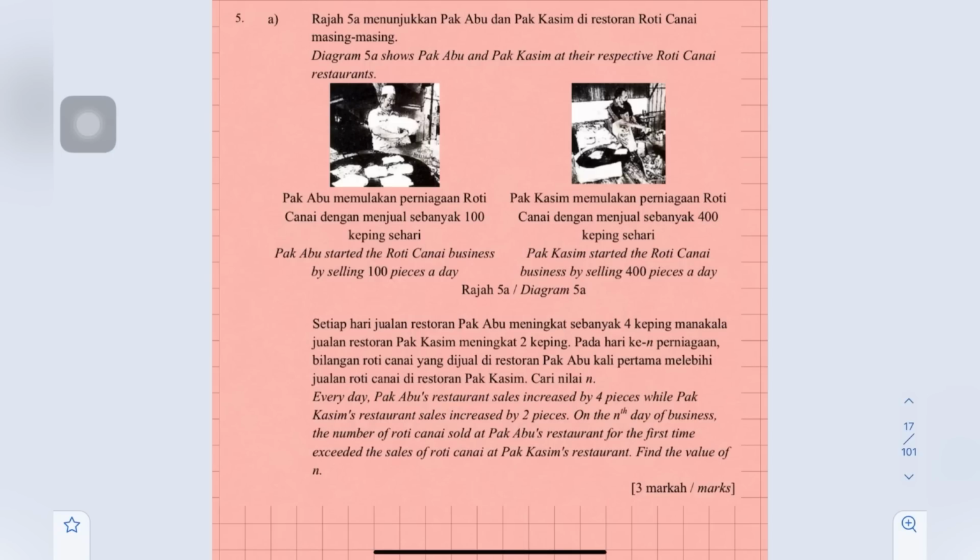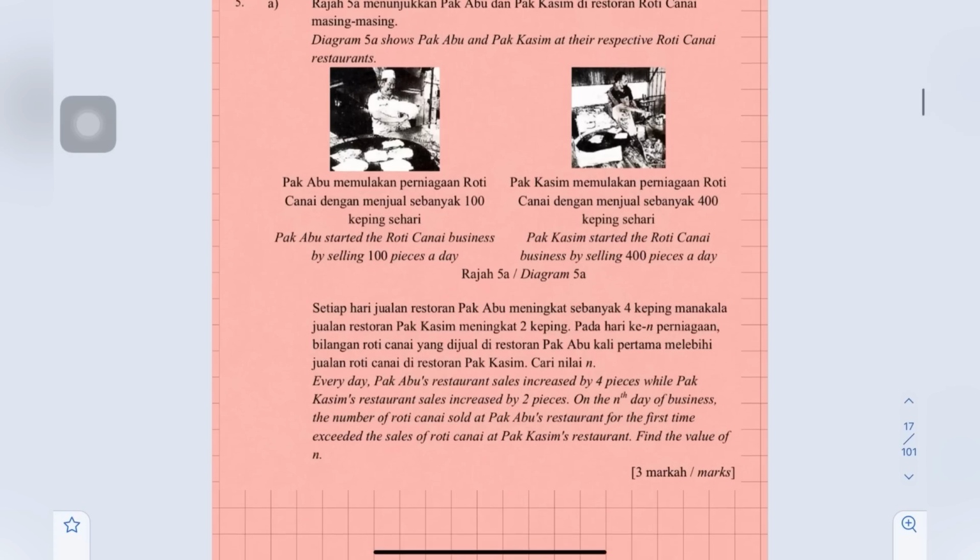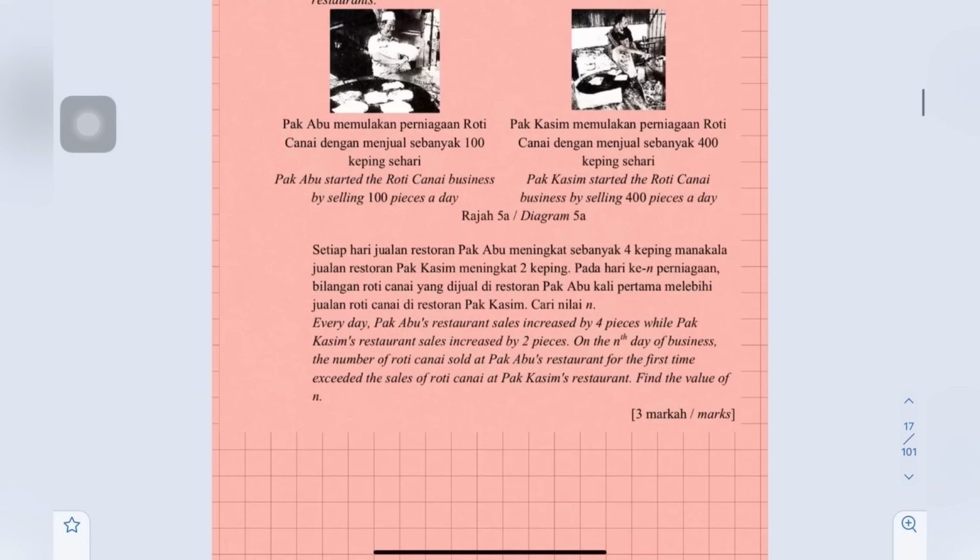Okay, so we know that this question involves progression. Firstly, we need to list the sequence of roti canai for Pak Abu and Pak Kasim, so then we can identify the type of progression. Start from Pak Abu's restaurant. Starting is 100, increase by 4: 104, 108. So this is an arithmetic progression with d is 4.